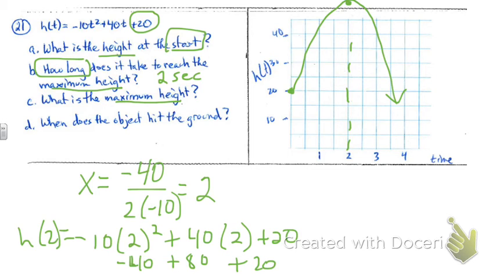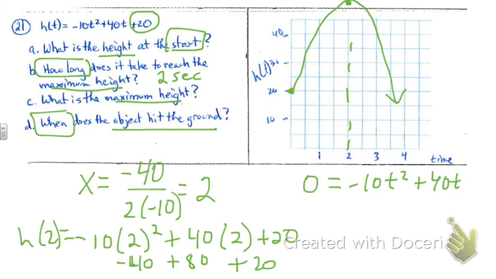So the last question is, when does the object hit the ground? That's a time because of when. Hits the ground when the height is 0. So negative 10t squared plus 40t plus 20 equals 0. Now right away I see I can take out a negative 10 out of all of these.